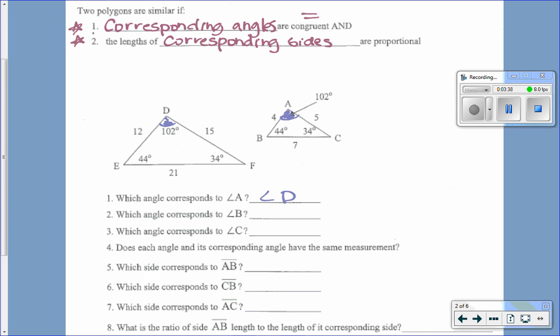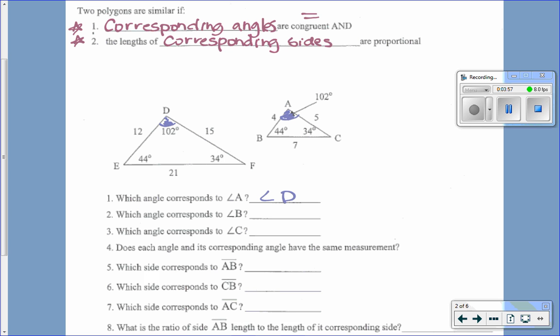And how do we know that angle D corresponds with angle A? Their angles are congruent. That's important. Angles are congruent. Okay? Switch to another color.